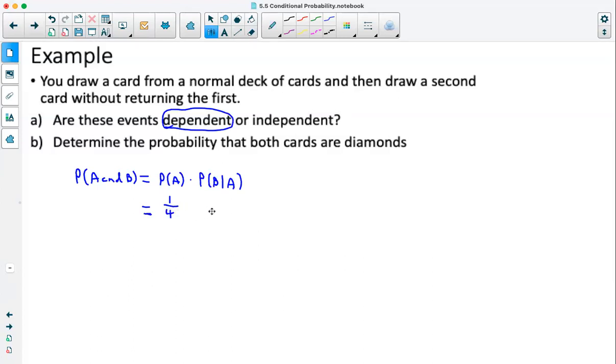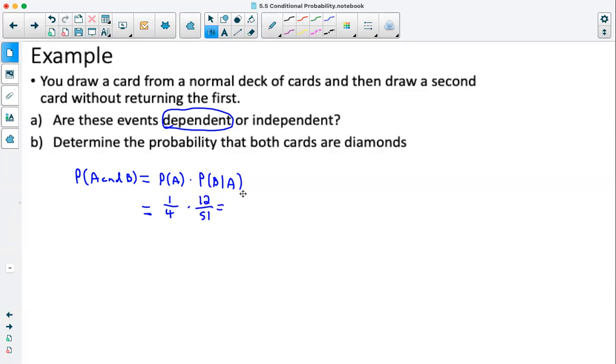Now, because we've pulled out that card and have not replaced it, our probability of a second one will not be 1/4. Instead, we start out with 13 diamonds. One has already been pulled out, so there's 12 diamonds remaining. And instead of pulling from 52 cards, we've pulled one card out, so there's 51 remaining cards.